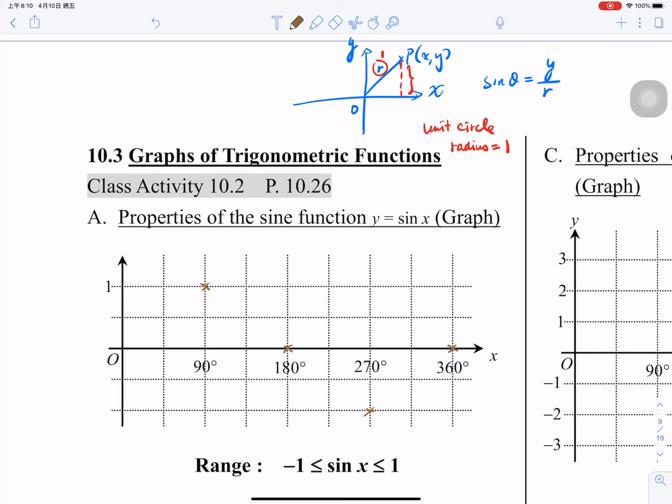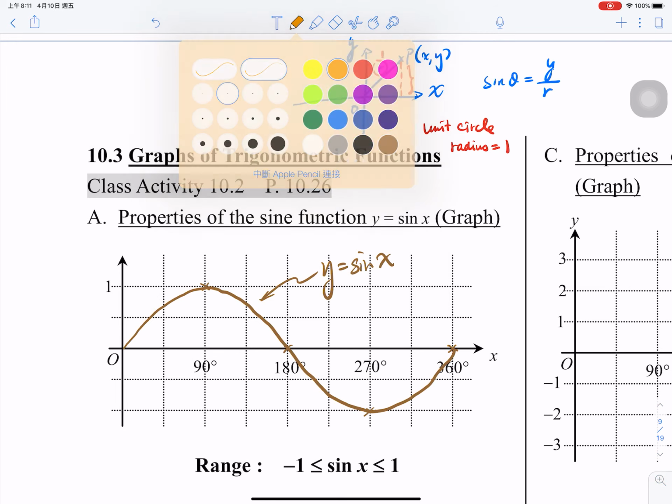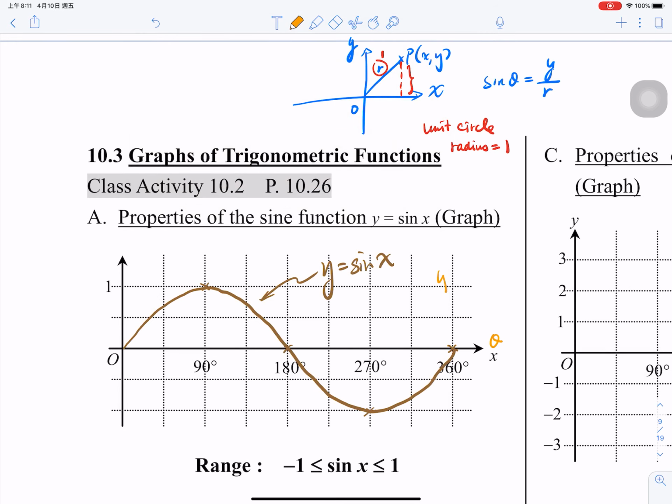So try to draw the curve. Like this. So this one is y equal to sine x. Here we use x because of the x-axis. If we write it as theta, then you can say that y equals sine theta, okay?